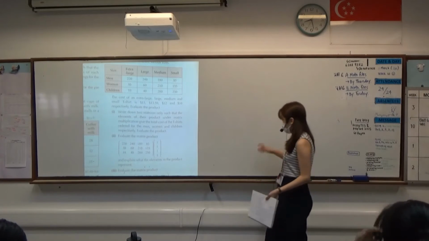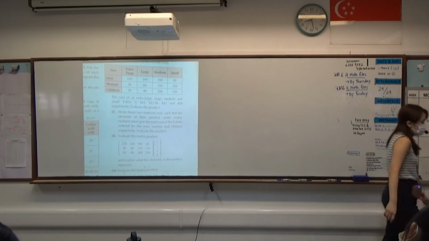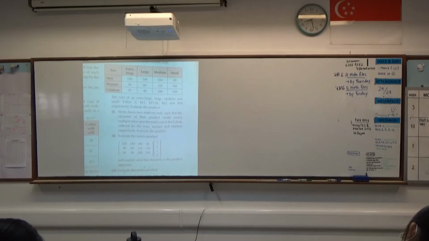In this question, you were given a table. In this table is all the t-shirt sizes and quantity for each man, woman, and child. Okay, so in part I, let me get my markers.